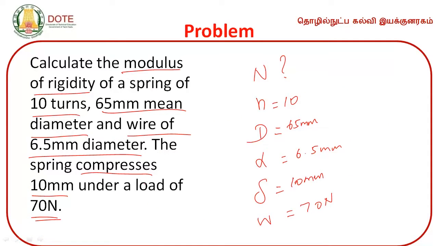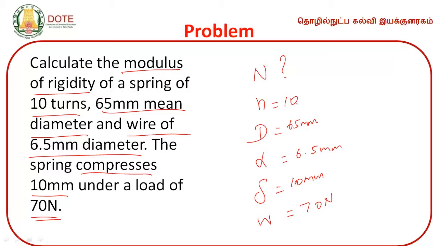So let me read the problem one more time, pay attention. Calculate the modulus of rigidity of a spring of 10 turns, 65 mm mean diameter and wire of 6.5 mm diameter. The spring compresses 10 mm under a load of 70 Newton. So what is asked? Modulus of rigidity is asked.